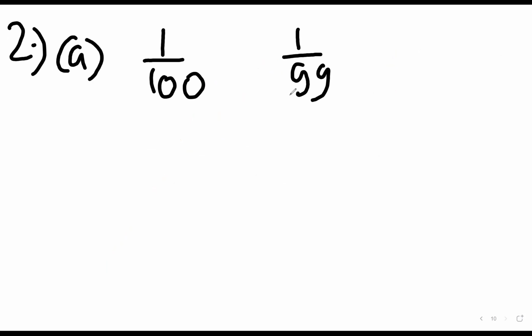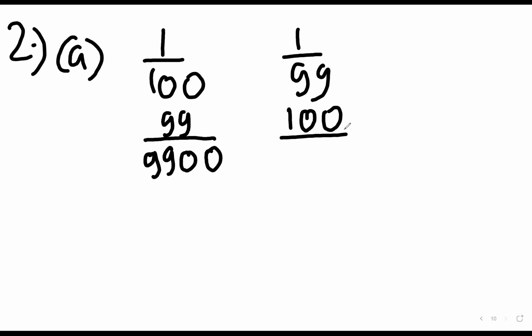Suppose that we take a common denominator here, then I will have 99 over 9900 and also 100 over 9900. Let us double it: multiply the denominator by 2 and the numerator as well.